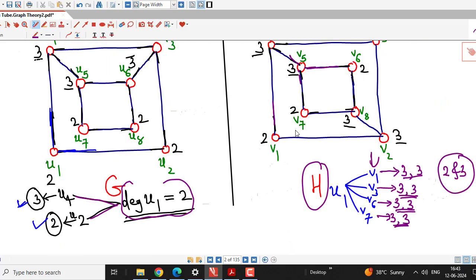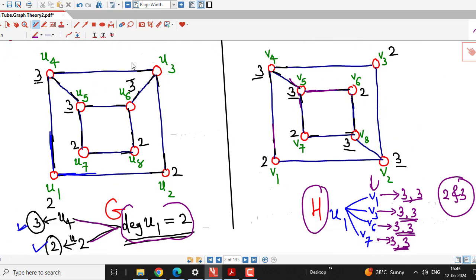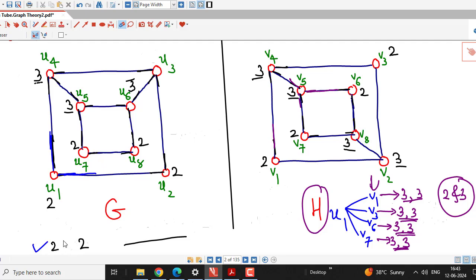Another criterion is that we can check for cycles also. We can check whether simple cycles exist in both the graphs, then the number of cycles must be the same.